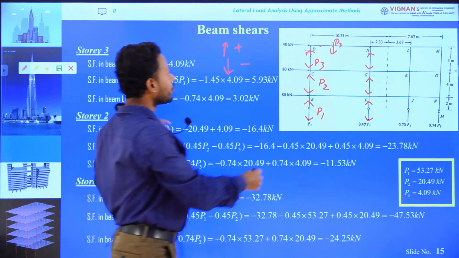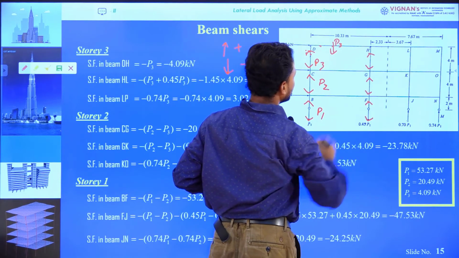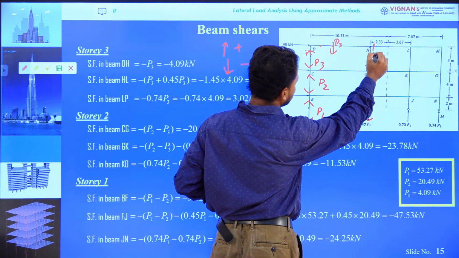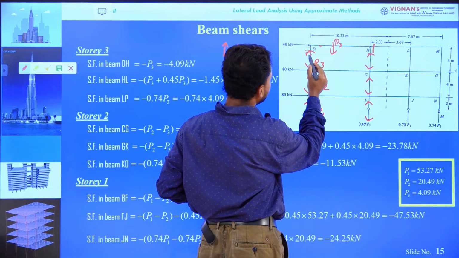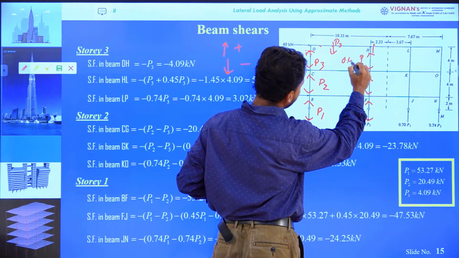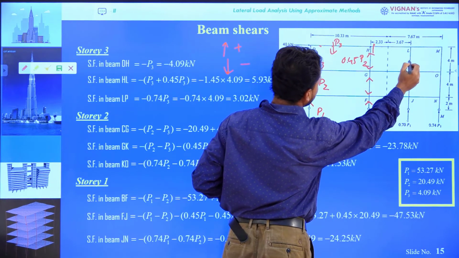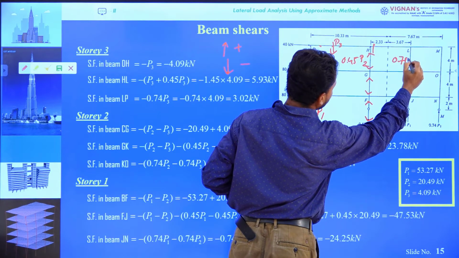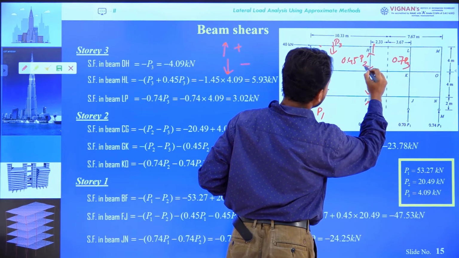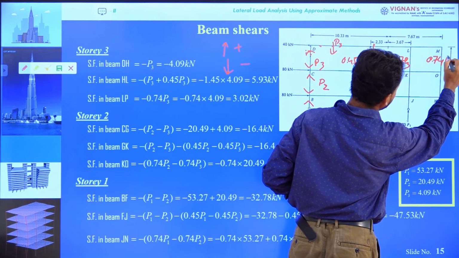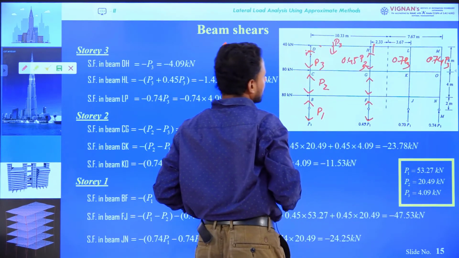Come to HL. Here in this beam what are the forces acting? See, at this cross section P3 is positive, here 0.45 P2, here 0.7 P3, this is P3, and here 0.74 P3, right.